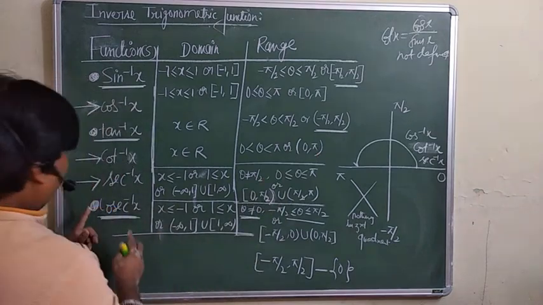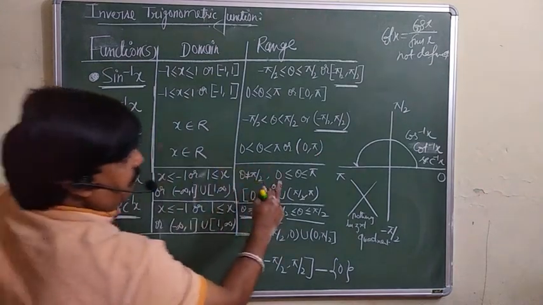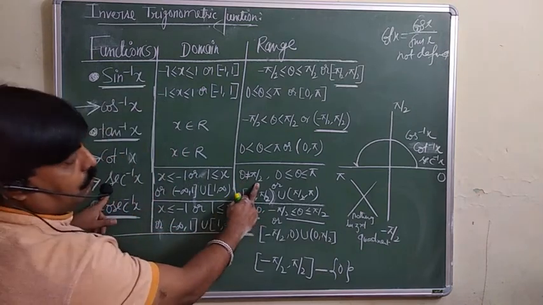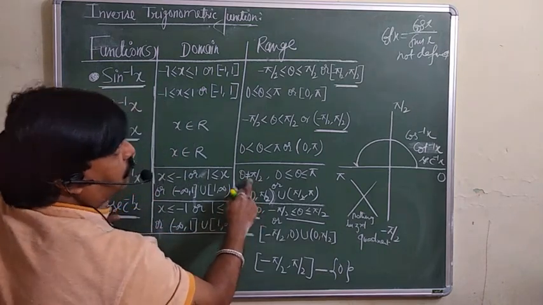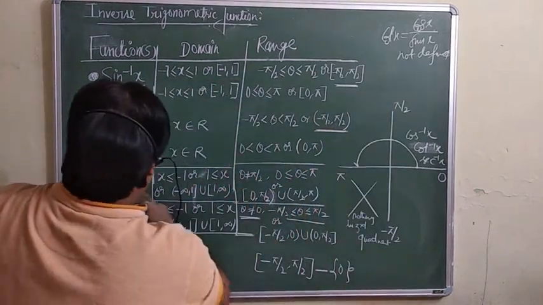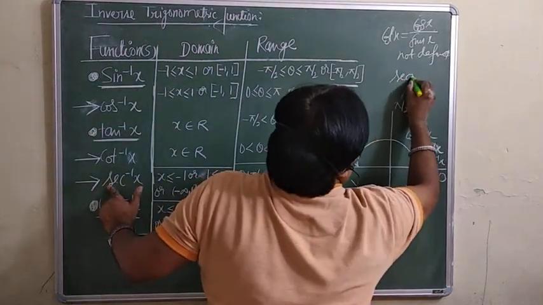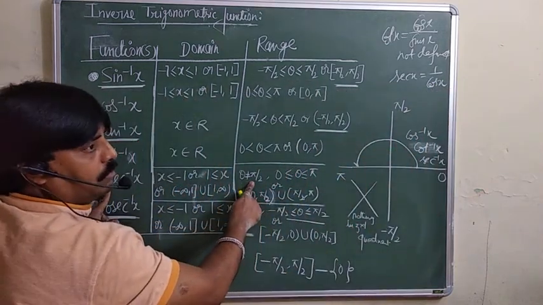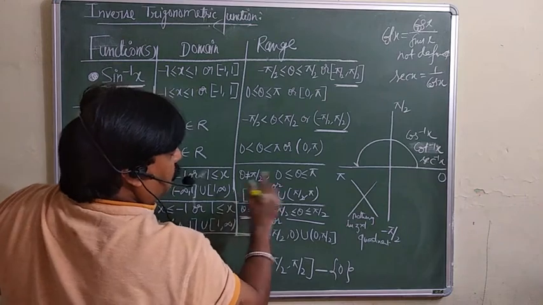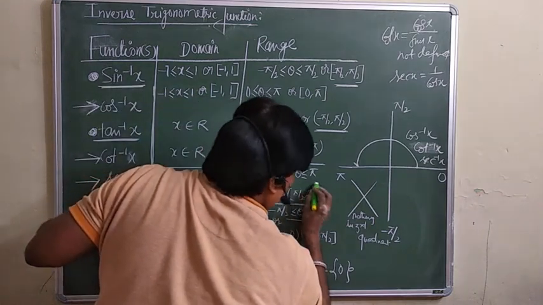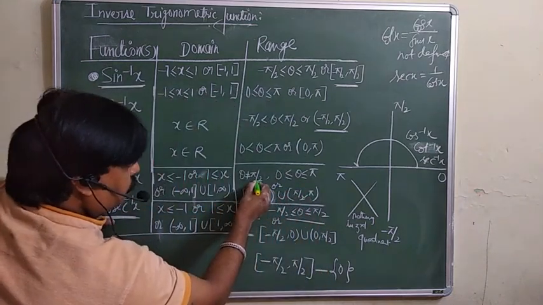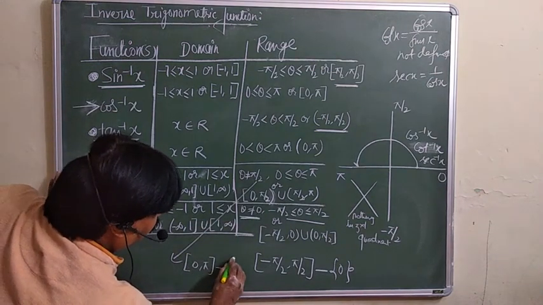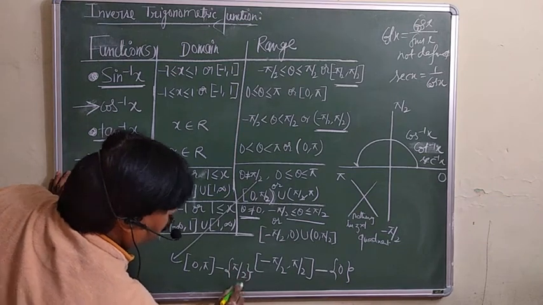Similarly, sec inverse is 0 to pi, but it is not defined at pi by 2. Sec x is 1 over cos x, so if you put pi by 2, cos is 0, so that is not defined. So you can write this as 0 to pi minus pi by 2.